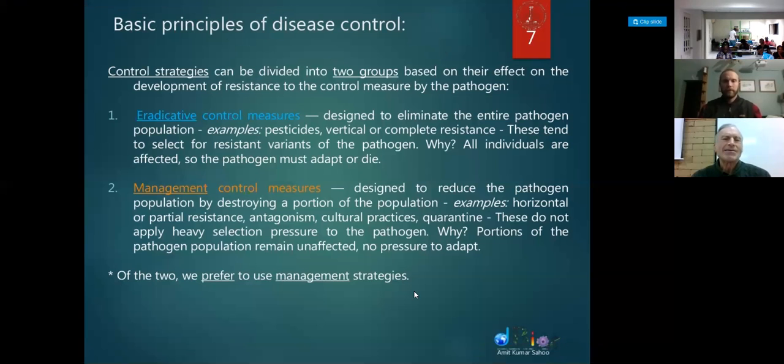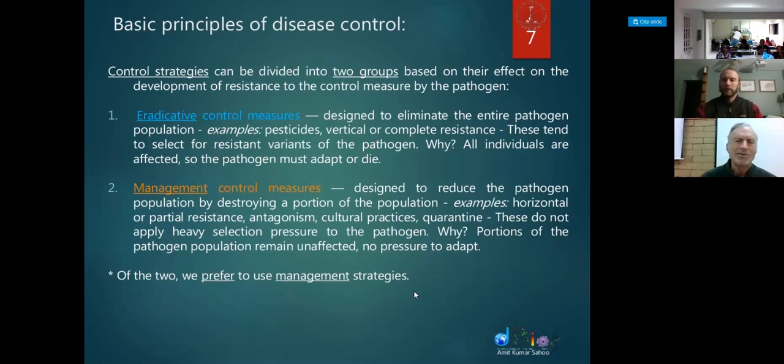So this is a lot of writing, but basically there are two kinds of control strategies. Eradicative control measures are designed to eliminate an entire pathogen population. In other words, it wants to kill every single one. This tends to select for resistance in the pathogen.